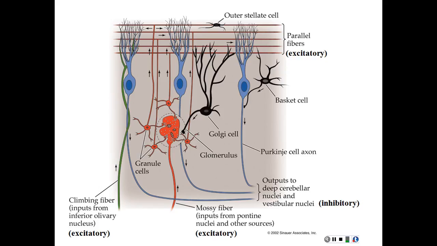These Purkinje neurons are receiving all of this excitatory input. And if you excite an inhibitory neuron, that means it's telling other neurons, don't do anything yet. And so these big Purkinje neurons are the ones projecting out to innervate the deep cerebellar nuclei.